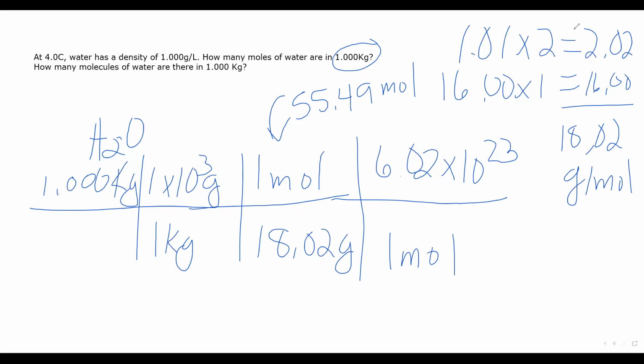That gives you 55.49. That's the first one. And then the next part is just multiplying it times 6.02 e to the 23rd. And that gives me the answer to be 3.34.